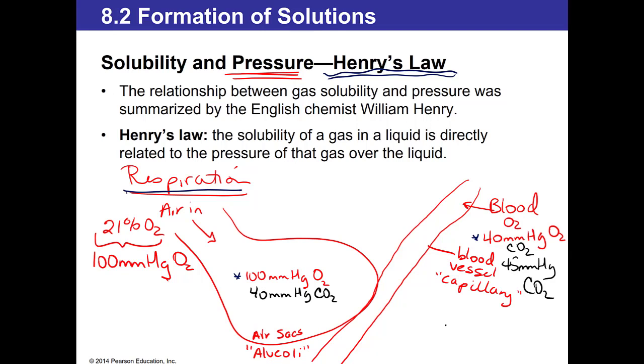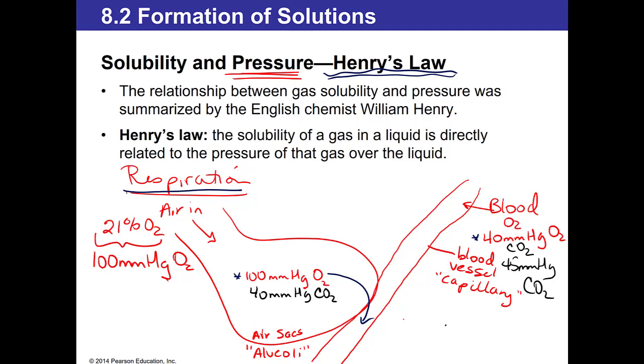Solubility improves moving from high pressure areas to low pressure areas, and the goal is to do what? Balance them, right? So here we have 100 millimeters of mercury of oxygen pressure, only 40 in the blood. And that is the force that causes oxygen to actually dissolve into the blood for transport.